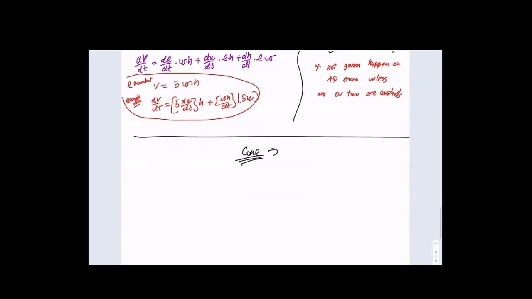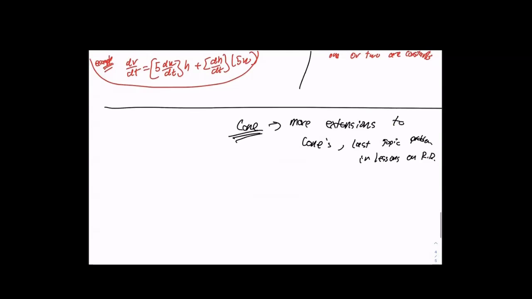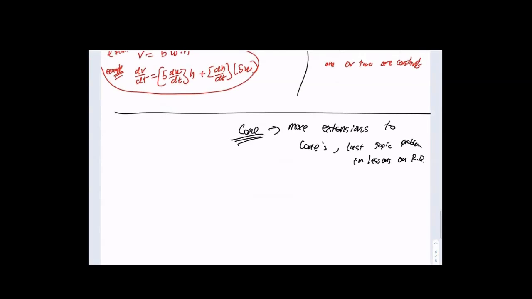There are more extensions to cones, and this will be our last topic: problems and lessons on related rates. I'm going to come back to cones, so there are more expansions. We're going to come back to those cone problems where it's not necessarily constants. There's another special type of problem on there. I'm not going to cover it yet.